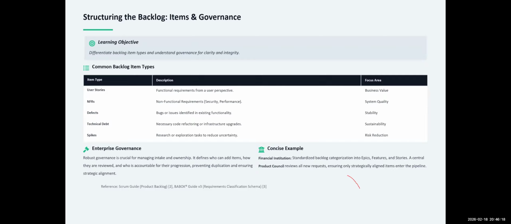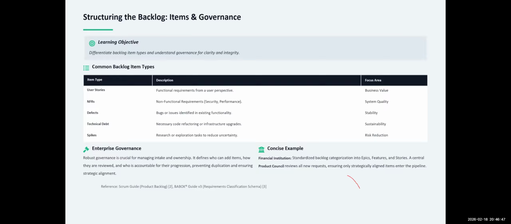You just need to have the item type, the description of what the item is, and then the focus area that that particular item is meant to address. So in this slide, we'll just be talking about the different backlog item types, and understand the governance for clarity and integrity.